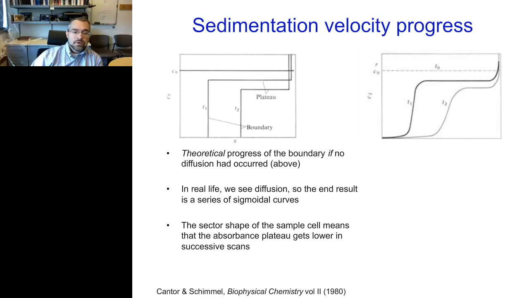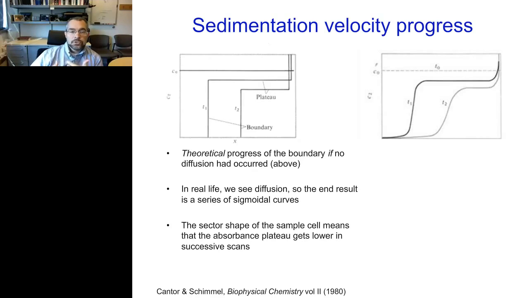At the very beginning of our velocity experiment, we will have a solid concentration constant across our entire sample chamber. So we load our protein at a fixed concentration, and if we're measuring the absorbance, for example, on the y-axis here, we have a uniform concentration all the way through our sample compartment.